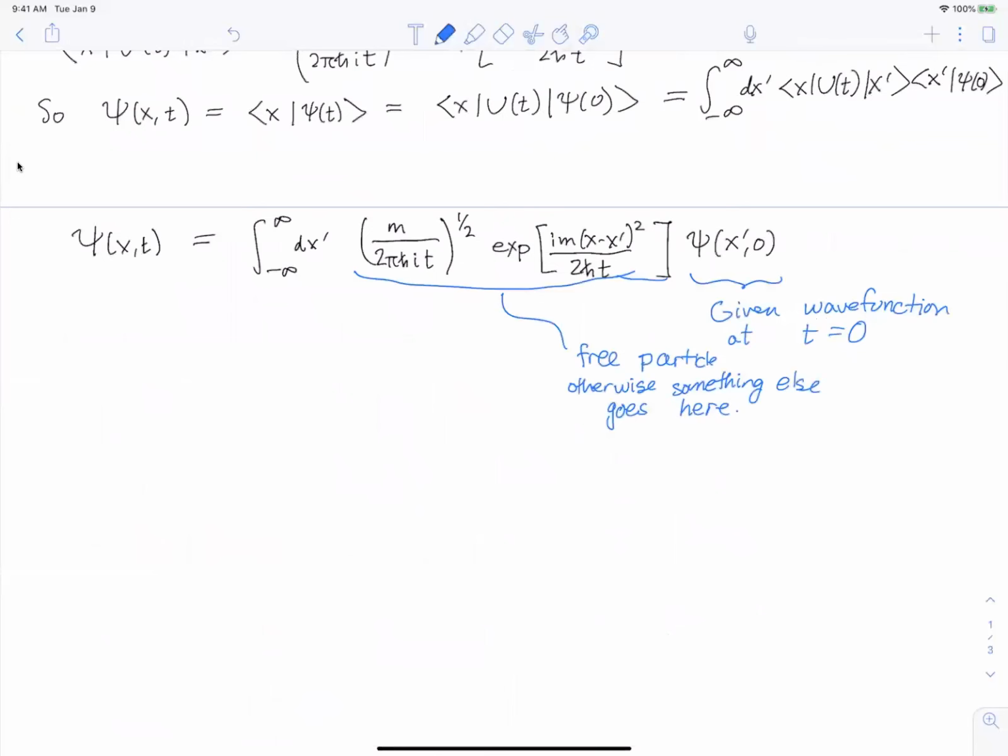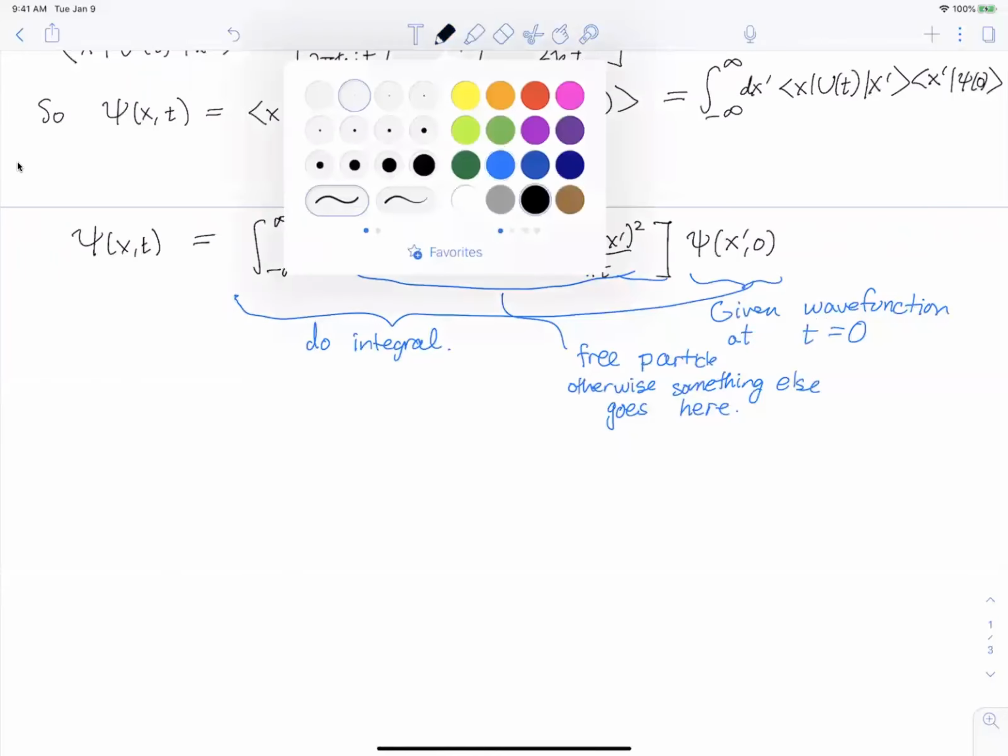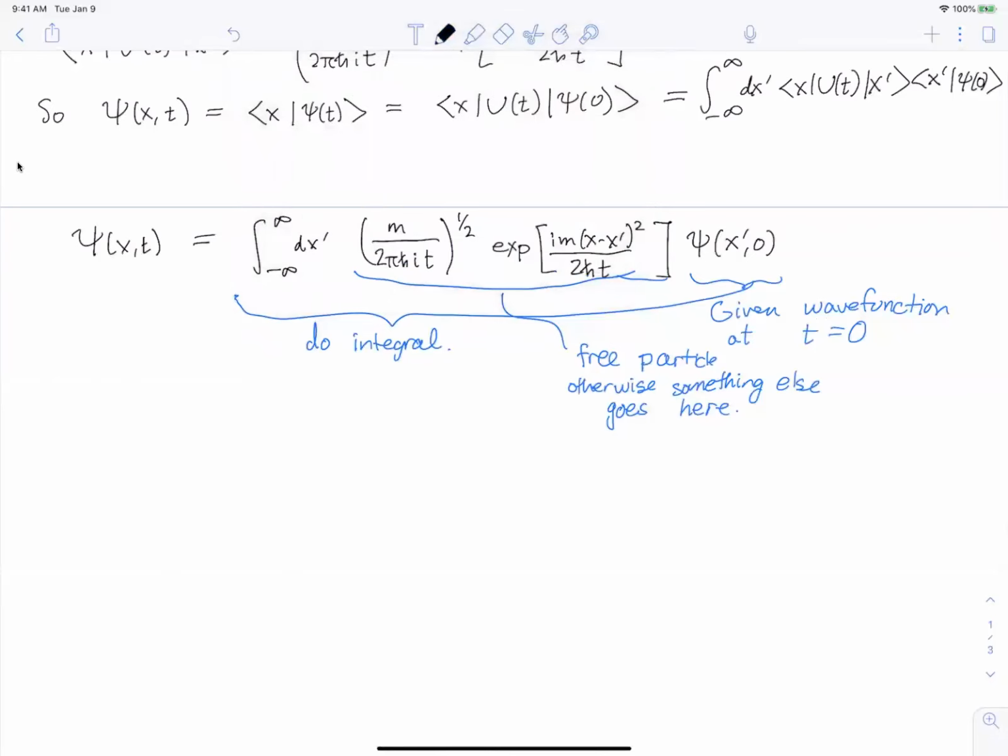And now we can do the whole thing. And so we just need to do an integral in order to get the answer. So in more complicated situations, the integration might be extremely difficult, but you could always have a computer do it if necessary. Computers are very good at doing integrals.